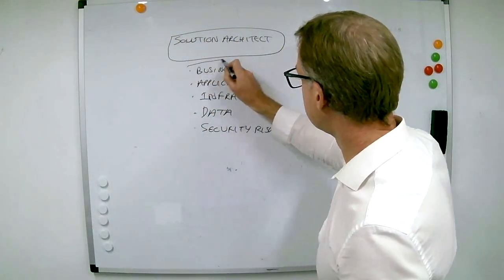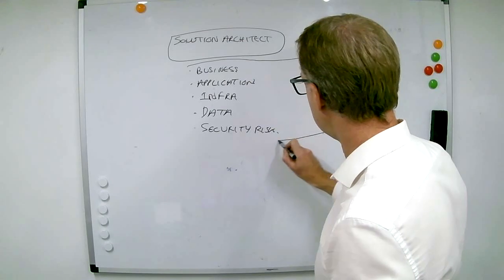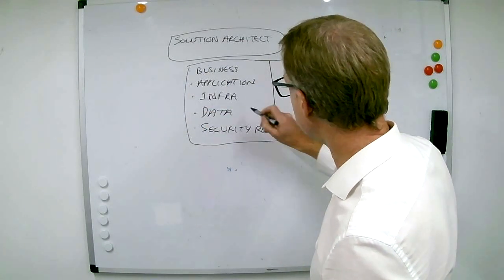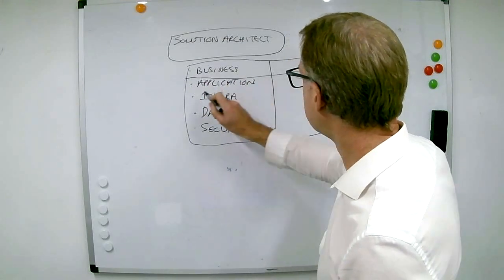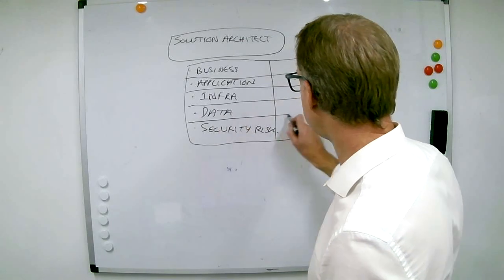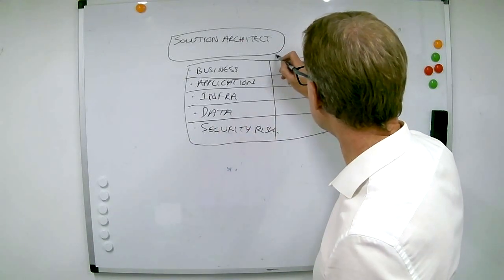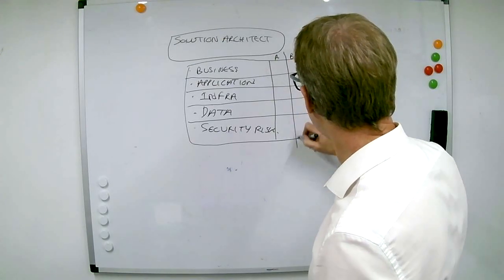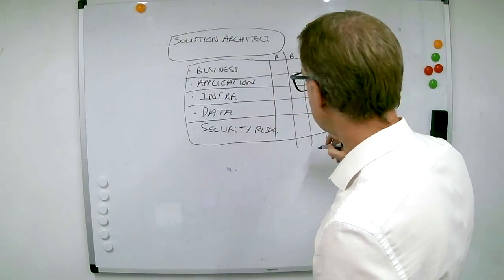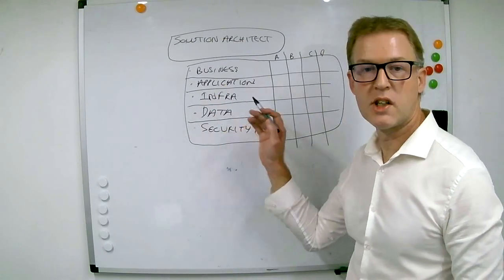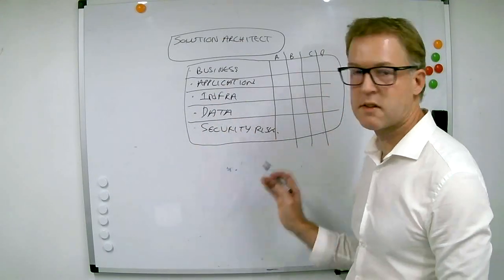So, like I say, we've got these as different, one dimension. And you've then got other dimensions where they should be able to give you a good view on a number of different options for the different solutions that cover business, application, infrastructure, data, security and risk.